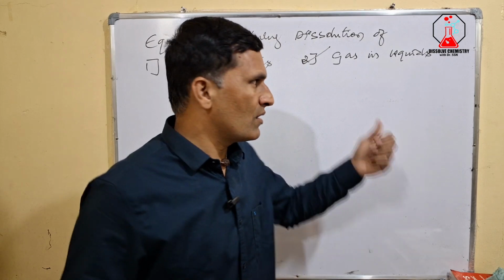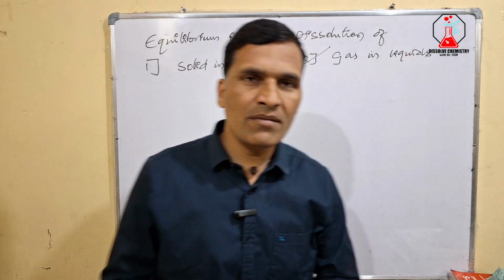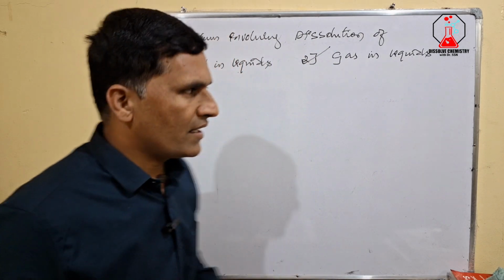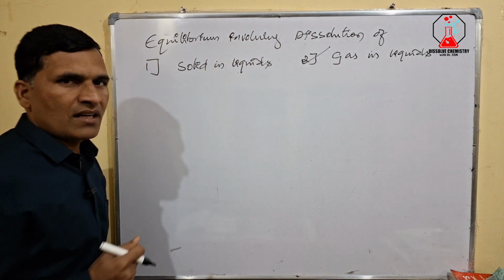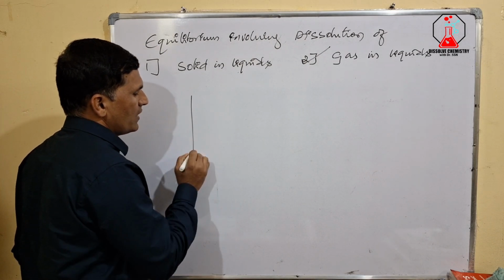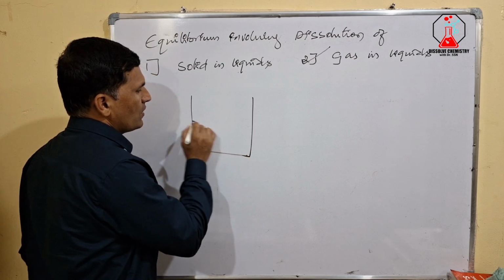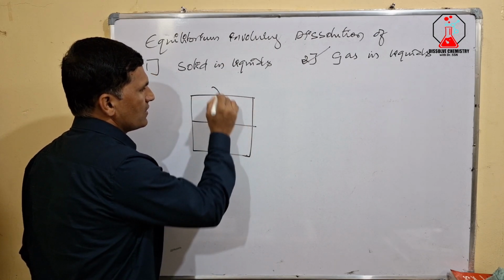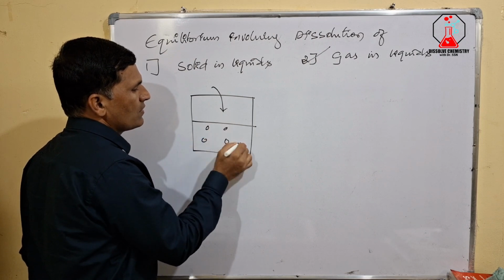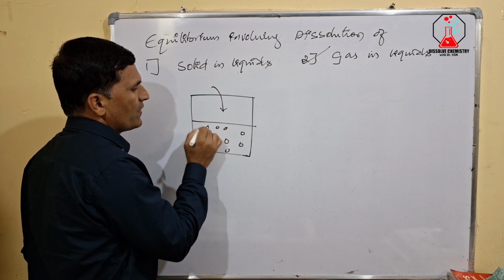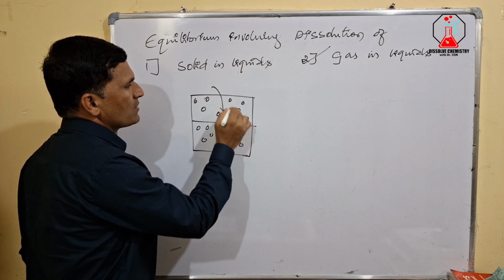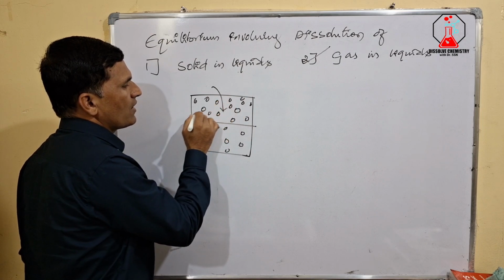So that is what we are going to discuss, the equilibrium which is established in dissolving gas in the liquid phase. Here gas is the solute and liquid is the solvent. Now suppose you take a gas in a closed vessel, over the surface of a liquid, then the gas is going to dissolve into the liquid phase, and the amount of gas dissolved depends upon how much pressure we are applying.